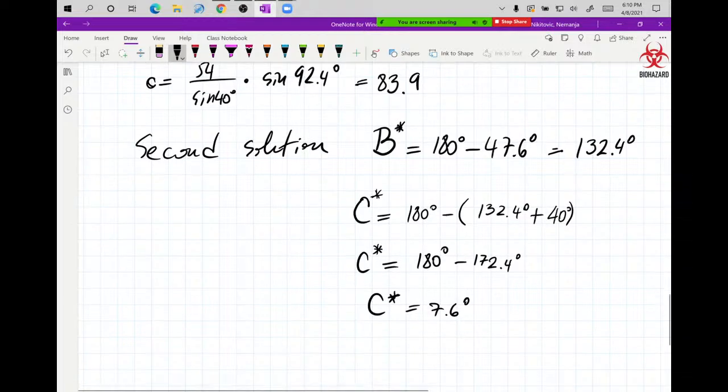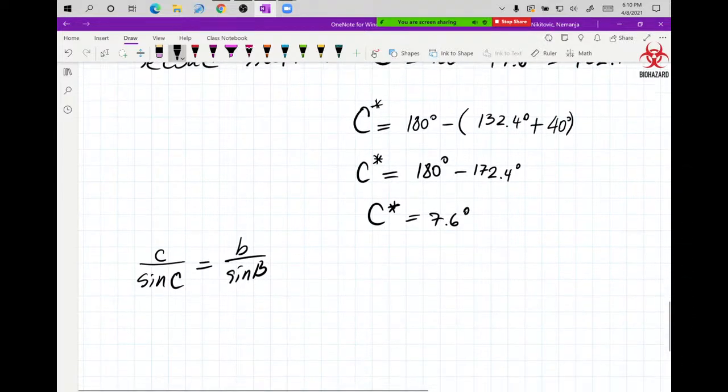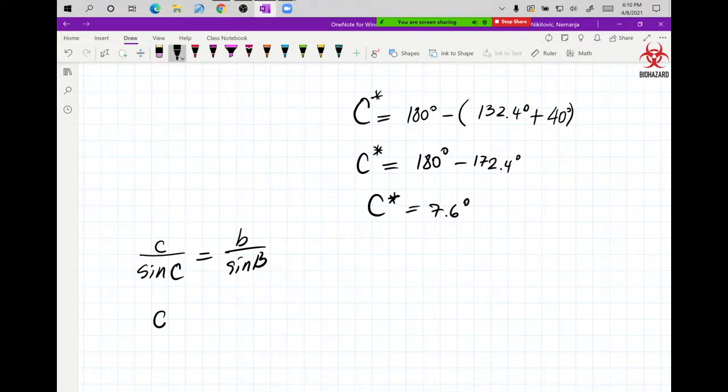Now I have to run the law of sines. C divided by sine C is equal to B over sine B. It doesn't matter which one you pick. So C is the unknown. Sine C is sine of 7.6 degrees.